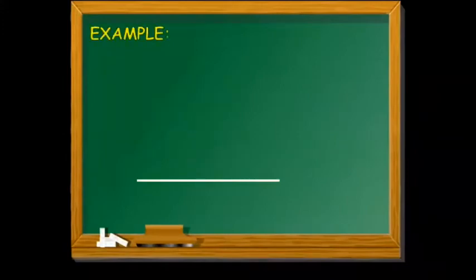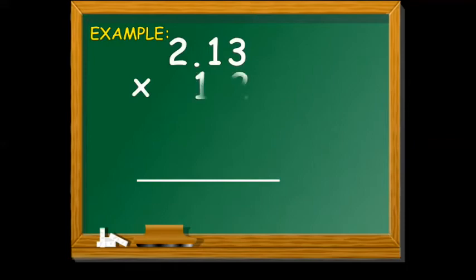Let's multiply 2.13 multiplied by 1.2. Okay, so let's multiply. First one, we have 3 times 2. The answer is 6.